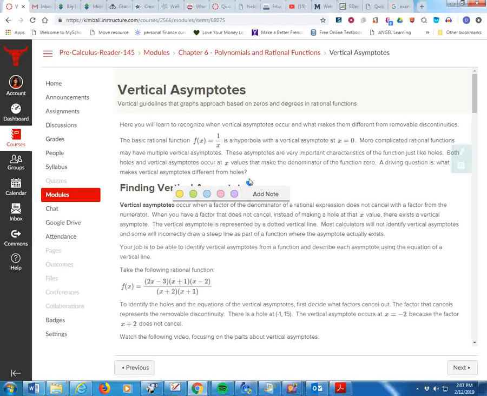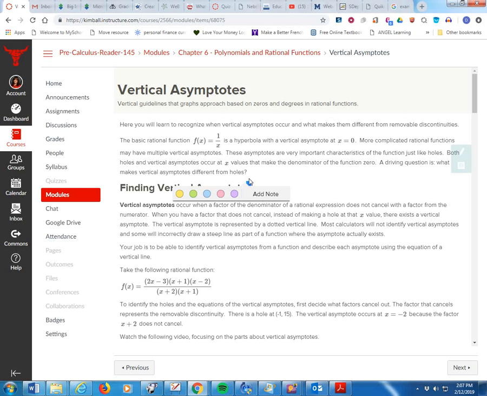And it all has to do with the degree of the numerator and the degree of the denominator. Everybody understand what degree means? Okay, so reviewing degree. Degree is the largest exponent in the numerator and the largest exponent in the denominator. You always want to rewrite any polynomials in decreasing order where your leading term has the largest exponent.